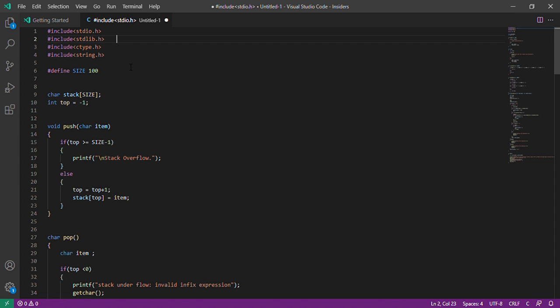Then next, the character stack is declared here as a global variable because the stack is used by more than one function. Then void push defines the push operation.